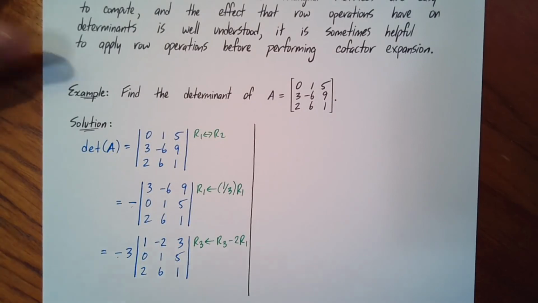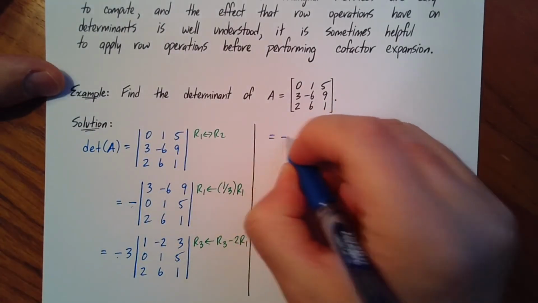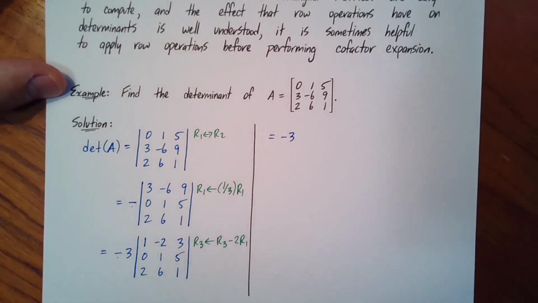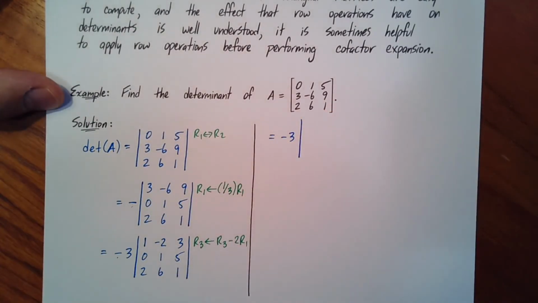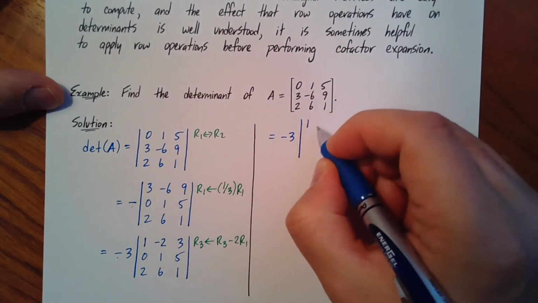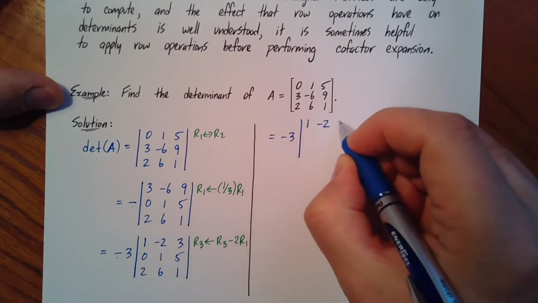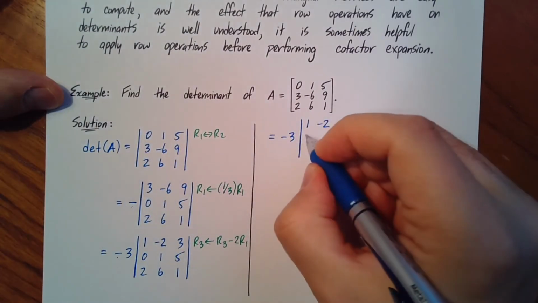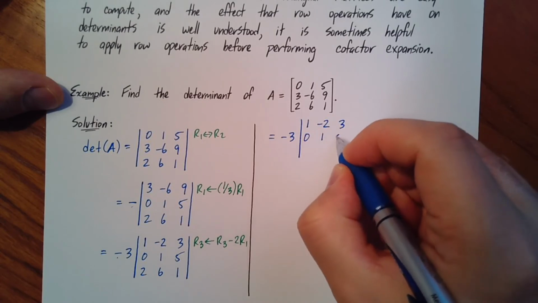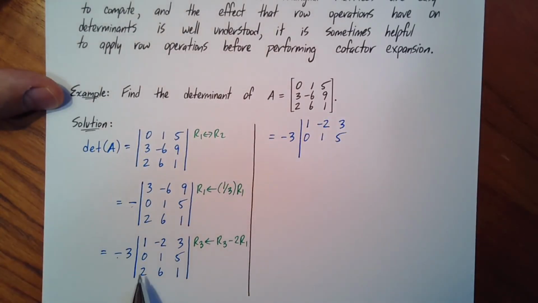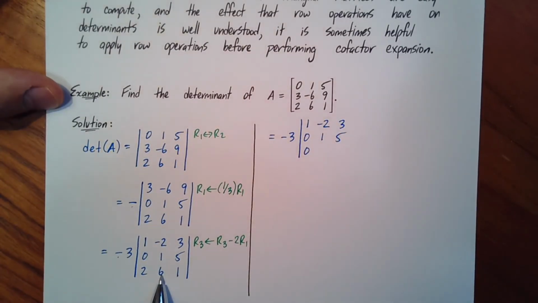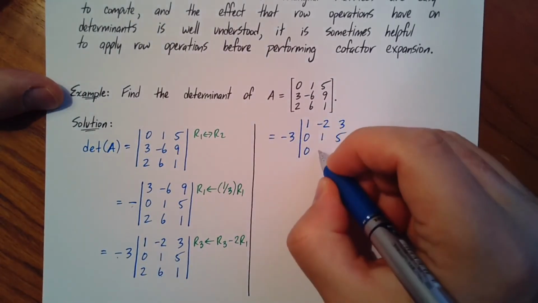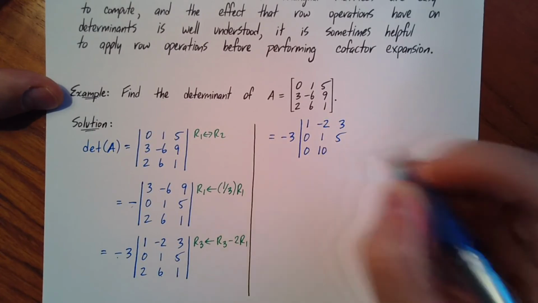Okay, so what are we going to get here? We can just leave the -3 out in front because we don't need to make any other modifications to the determinant, but we will actually perform the row operation now. So we'll have 1, -2, 3, 0, 1, 5, and then what's going to happen now? 2 minus 2 times 1 will be 0. 6 minus 2 times -2 is going to be 6 plus 4, which is 10.